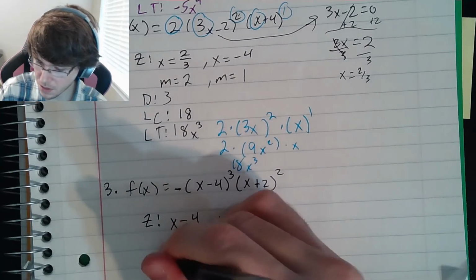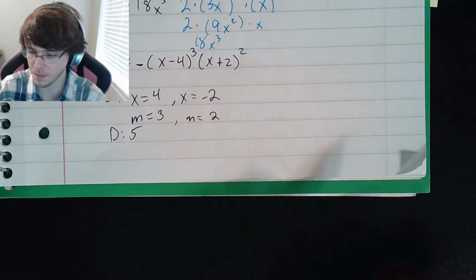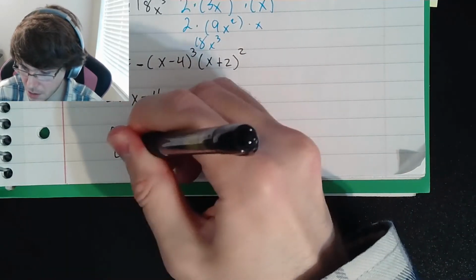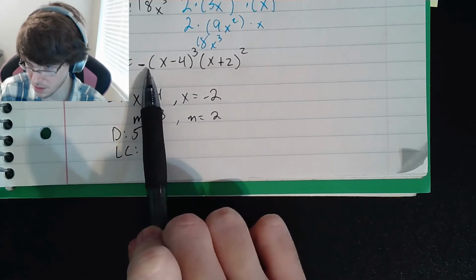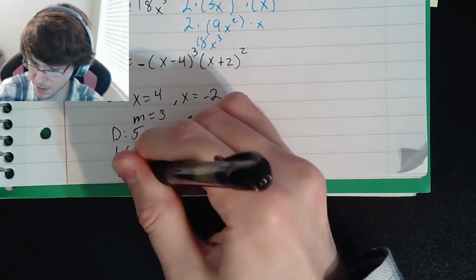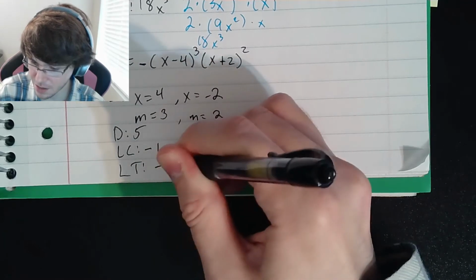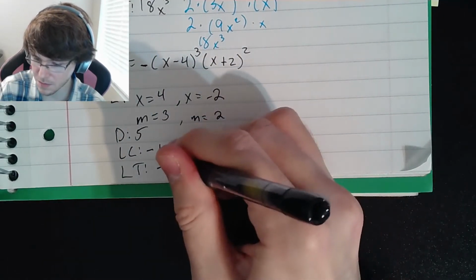The degree is therefore 5. I'm going to run out of room on my paper here. The leading coefficient is -1 because there's a negative in this invisible 1 right there. And last but not least, my leading term is therefore negative x to the 5th, or -1x to the 5th if it makes you happy.